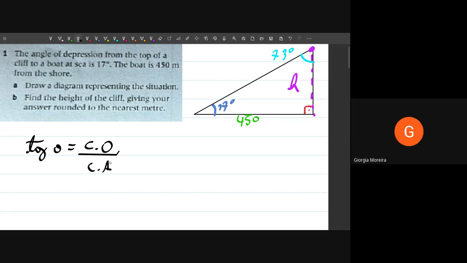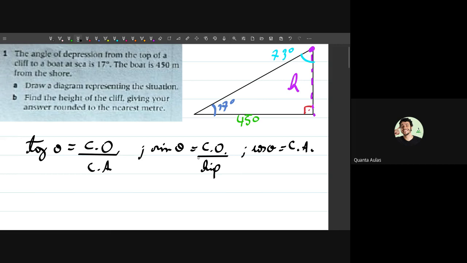Sine is the opposite divided by hypotenuse. And the cosine is the adjacent divided by hypotenuse.